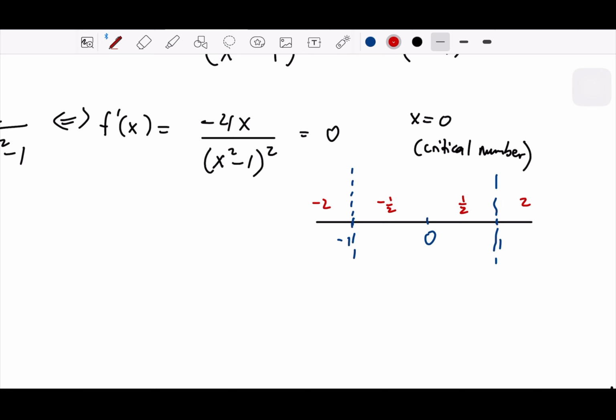If we check, this will be negative, and this will be positive. If you put negative 2, that will be positive also, and this is also negative. So it's going to increase, decrease. We don't have any conclusion yet. For now, we need to check the second derivative.